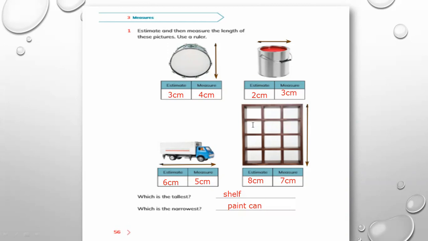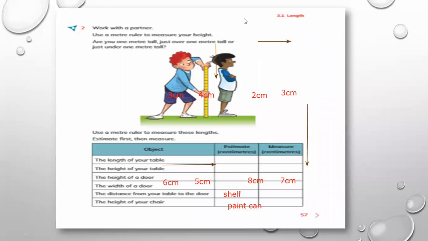Moving on to question number 2. Just a minute, let me erase the answers, otherwise we are going to get confused from the old slide. Here, work with a partner. Use a meter ruler to measure your height.